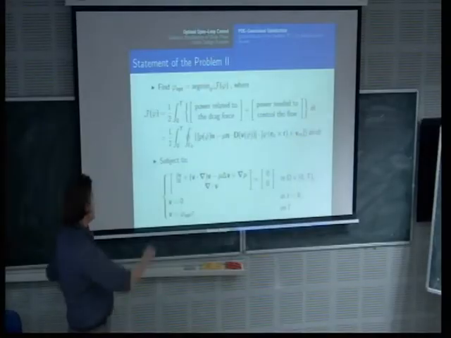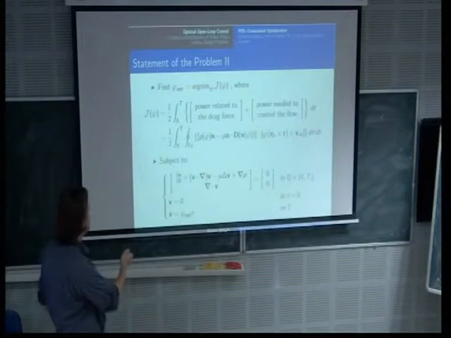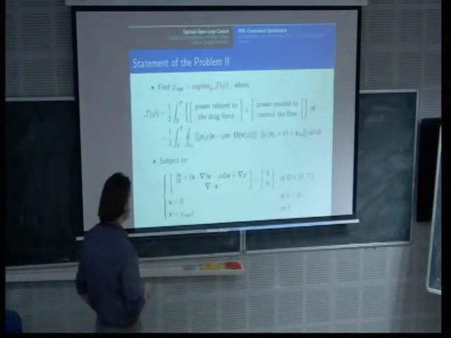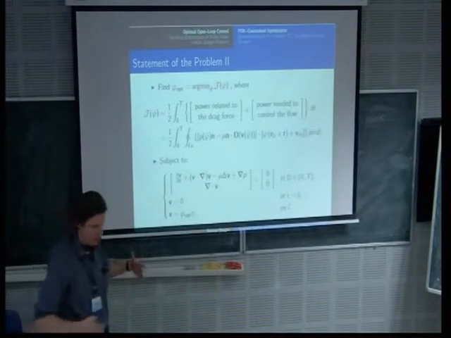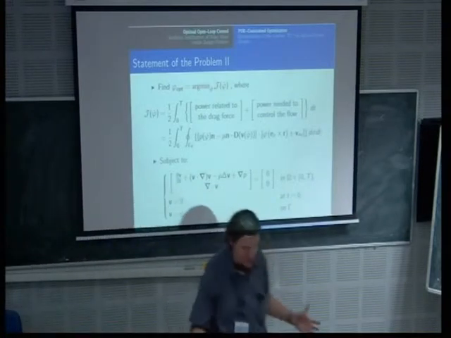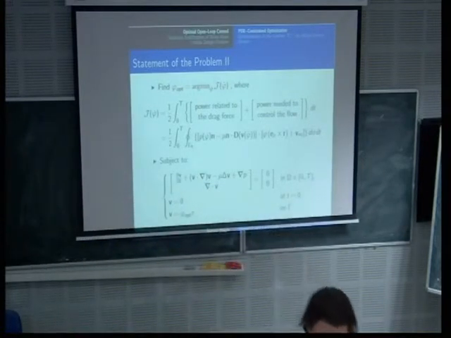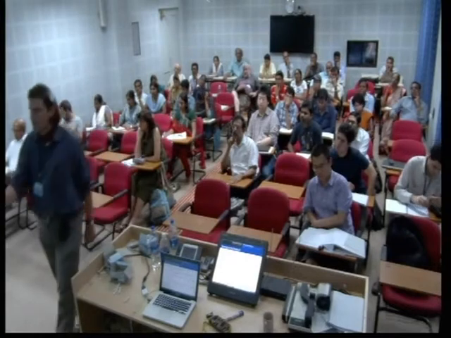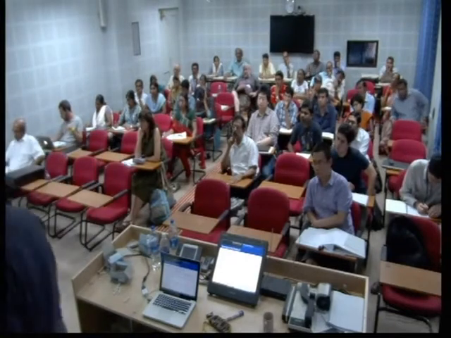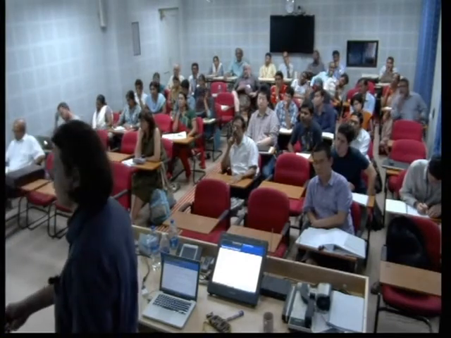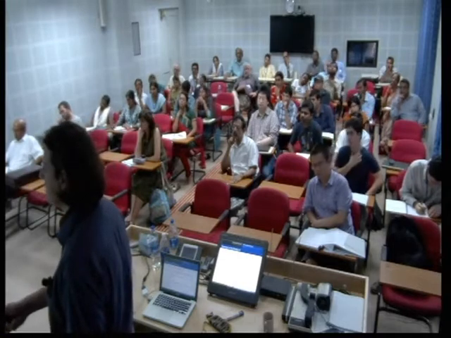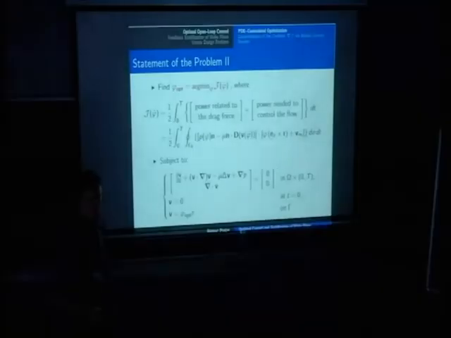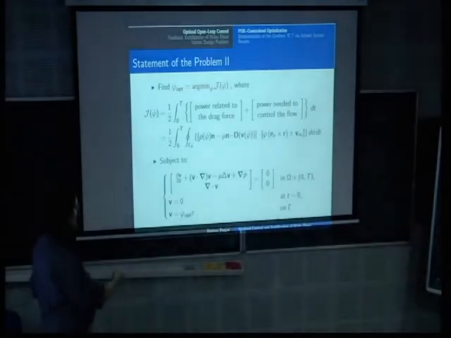We want to minimize this cost functional subject to a constraint which represents all the equations that govern the process, which in our case happen to be the incompressible Navier-Stokes equations. So we have the momentum equation, we have the continuity equation. We have some initial condition, which happens to be 0 at the initial instant of time, and some boundary conditions.